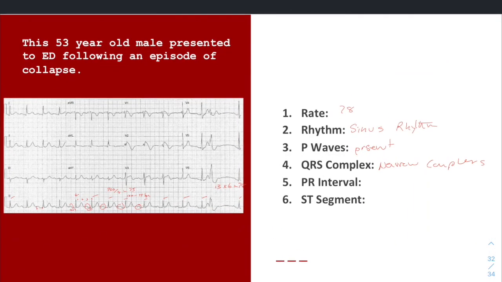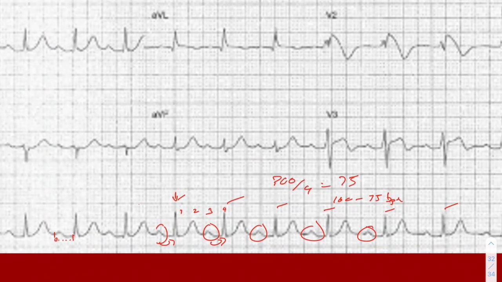That is longer than we normally like it to be. So we have a prolonged PR interval of probably 6 small boxes. Remember, each box is 0.04 seconds, so the PR interval is 0.24 seconds, or 240 milliseconds, which is longer than we're looking for in a normal PR interval.